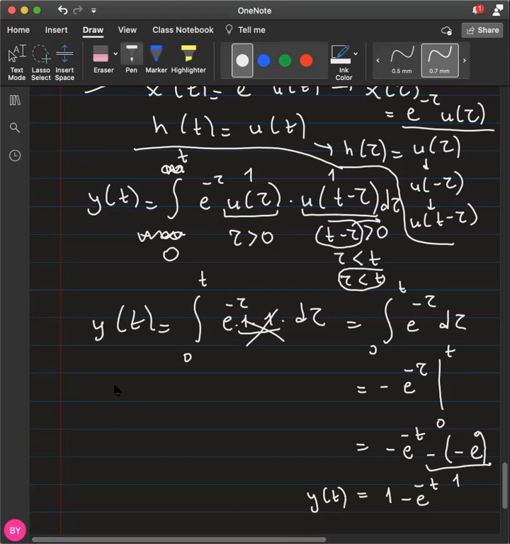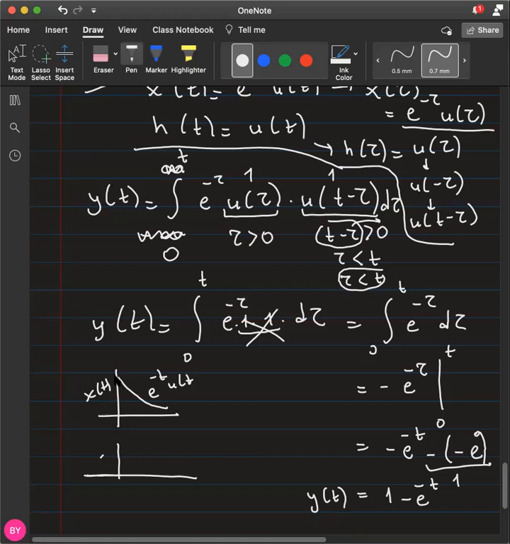So what was my input? My input was e to the power minus t u of t. This is my input, x of t. What is my output, y of t? Again, there is no output before 0. And this is 1 minus e to the power minus t.